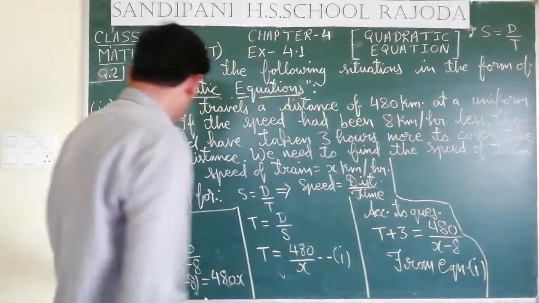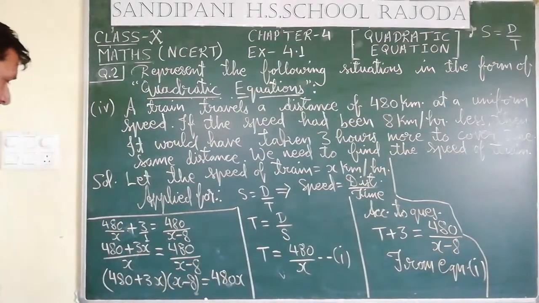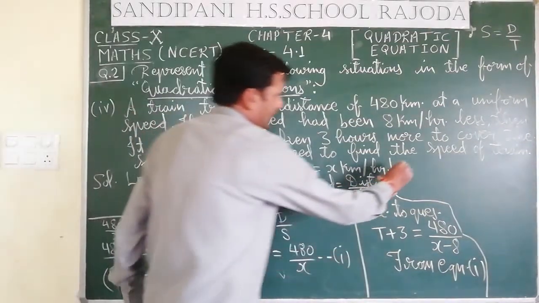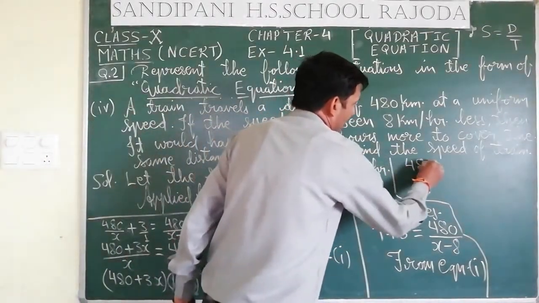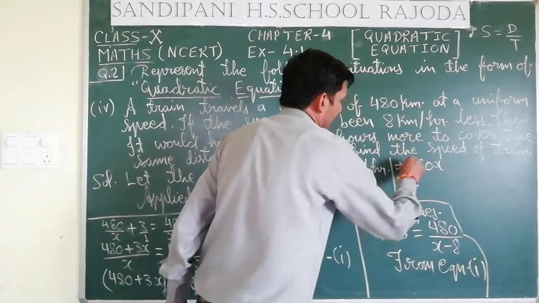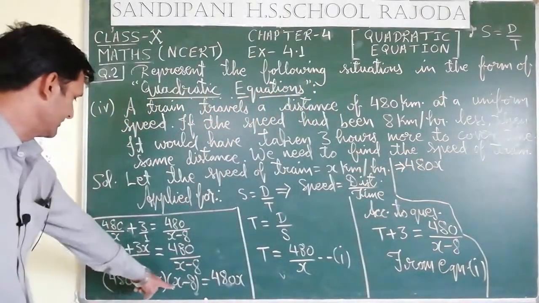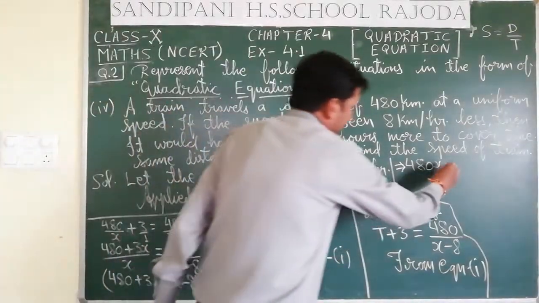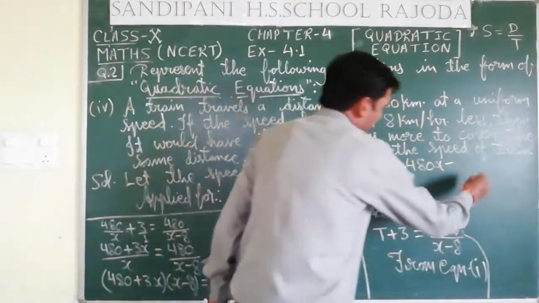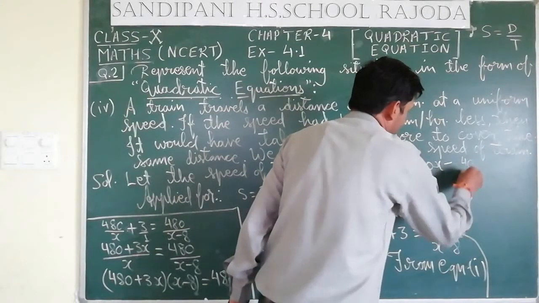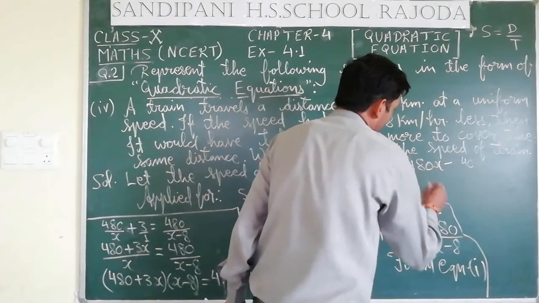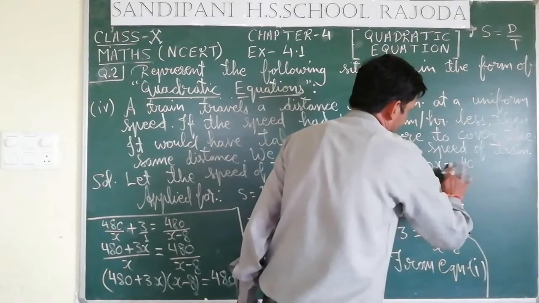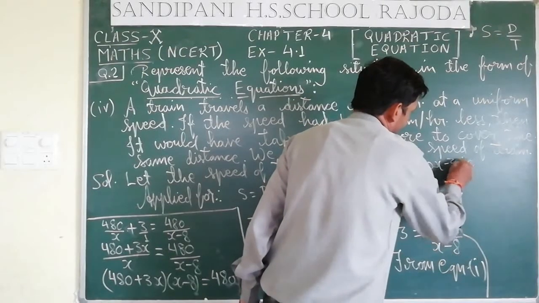See, 480 into x, that is 480x. 480 into minus 8, that is minus 3840, 8 8s are 64, 8 4s are 32, and 6 is 38, 3840.